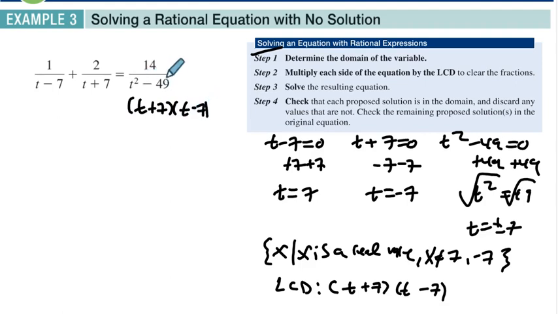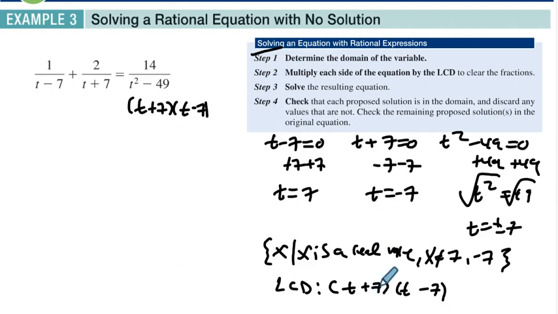That's what t squared minus 49 is when you factor it. So our lowest common denominator is going to be t plus 7 and t minus 7. This side has t plus 7, t minus 7. This only has a t plus 7, so I have to multiply this one by t minus 7. And this one I need to multiply by a t plus 7 to have a common denominator.